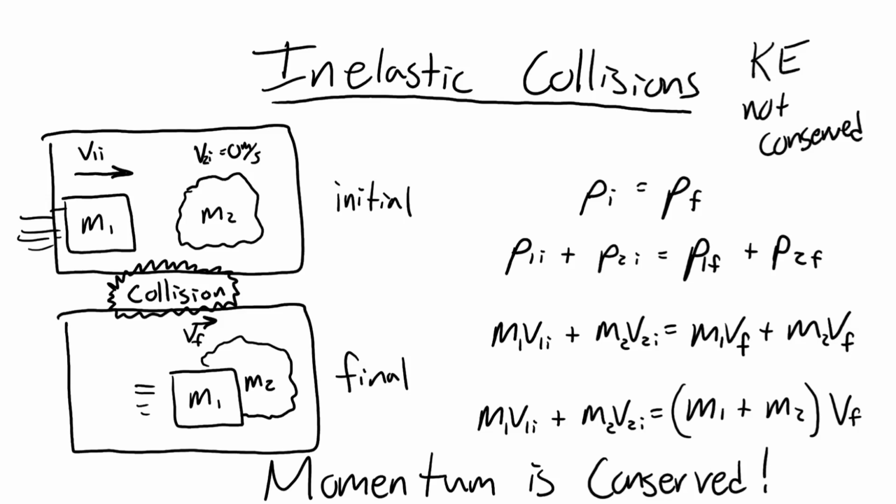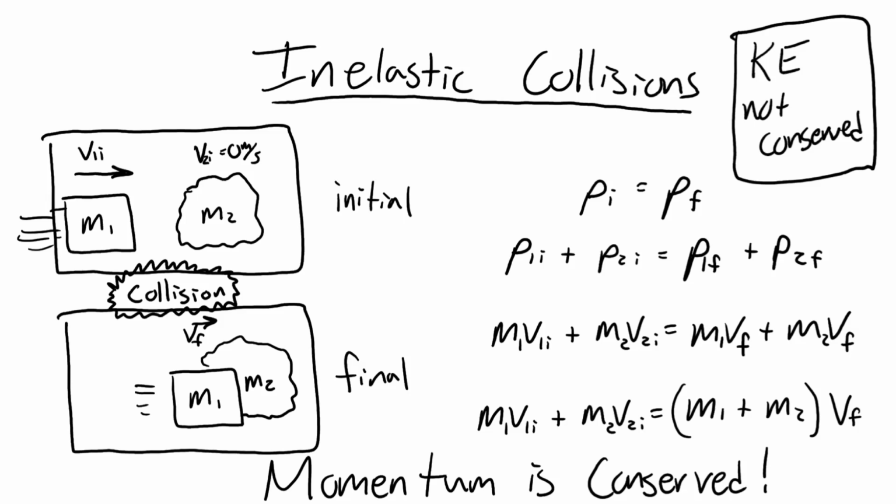But how do we know it's inelastic? It's because if you do the calculation, kinetic energy is not conserved in those partially inelastic collisions where they bounce off. So it looks elastic, but if you do the calculation, kinetic energy is not conserved.